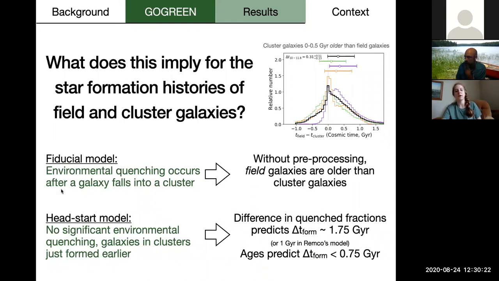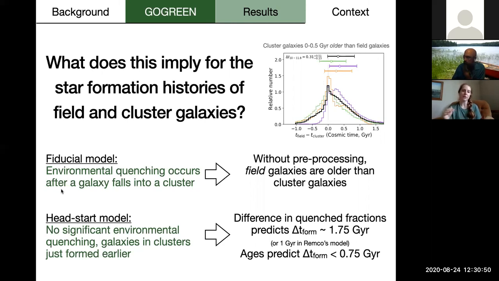So here in this model, you have two competing modes of quenching. You have this mass quenching, which is related to your star formation rate, and then you have environmental quenching, which is related to how recently you've joined a larger halo. So because mass quenching dominates when your star formation rate is high, this means that the majority of your quenching by this mode happens at early times in the universe.